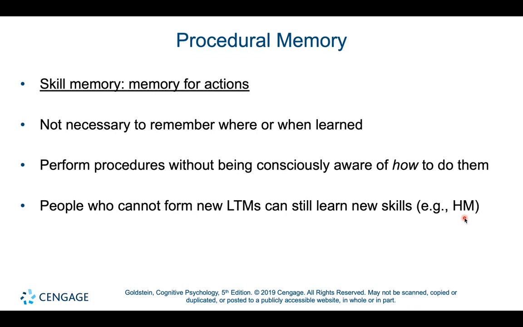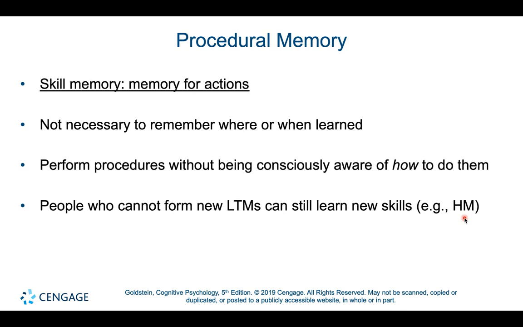HM could no longer form new long-term memories. So if you came and visited HM and you met him today, he would be unable to encode and store that memory, and he would have no idea that you came to visit him if you came back the next day, right? He would have no recollection of your visiting him and getting to know him. He can't form the new long-term memory.